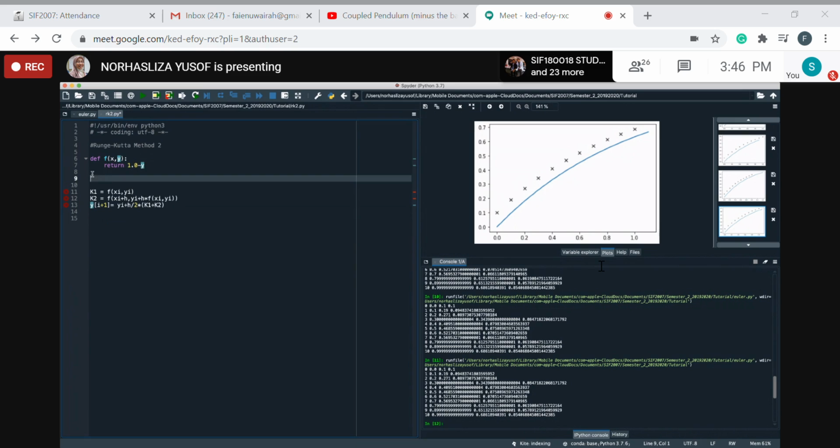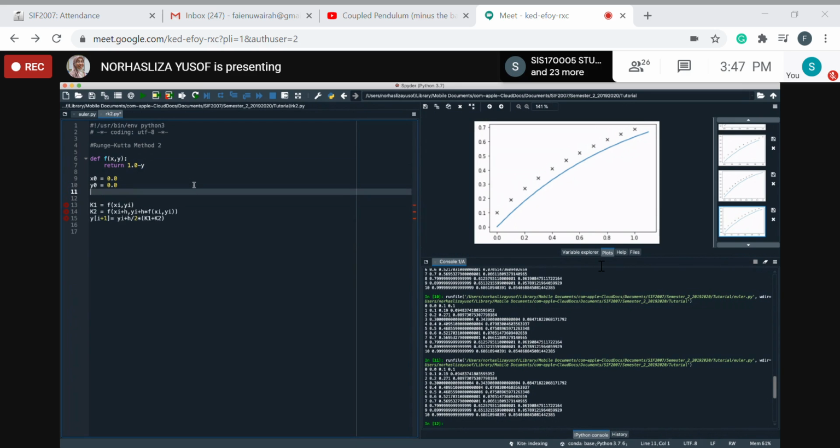Okay, so now again, we are going to use the same example. Our x naught is 0, then our y naught is also 0. Now we also have our h. h is 1 over n, and n is, for example, 10.